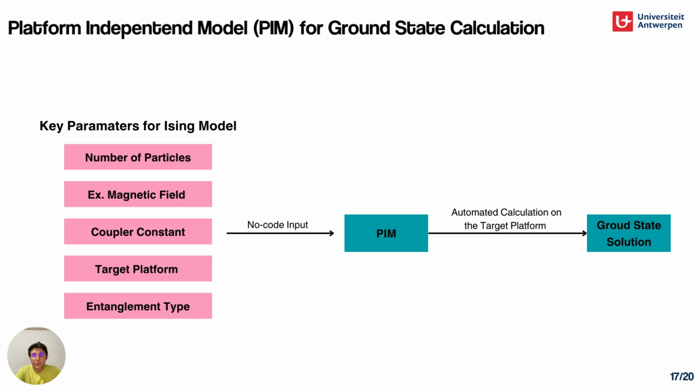With this domain knowledge and the PIM, users can calculate their ground state on targeted quantum platforms without developing any models or writing any code on different APIs. In short, PIM simplifies the whole process, and it makes it accessible for users to perform complex calculations across various platforms without needing extensive coding or modeling skills.